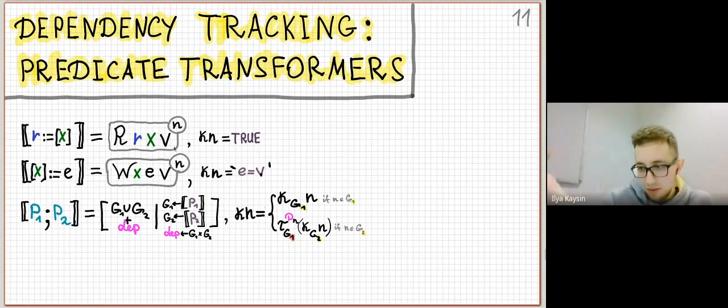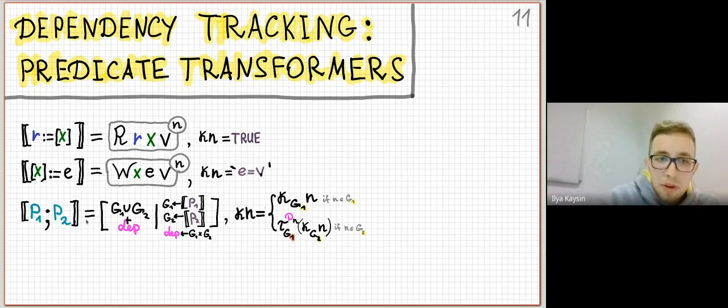We have a graph of a single vertex called n, which represents this read. And for writing instructions, we do the same. The preconditions for reads are true, and for writes they are meaningful. They say that E equals V.